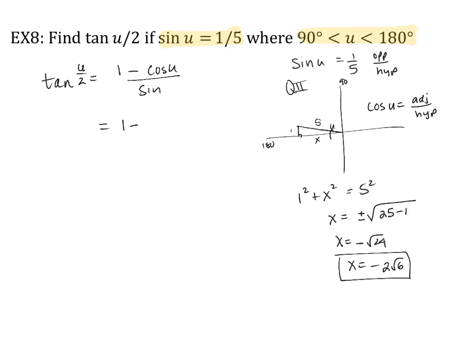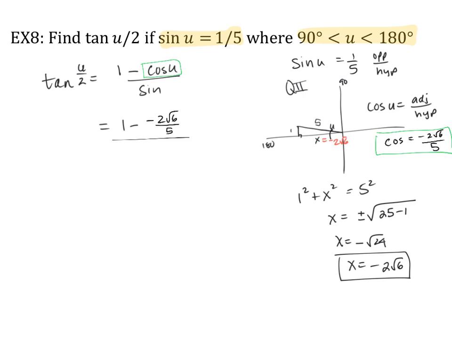And we just found out what the adjacent is. That is negative 2 root 6. So my cosine is the adjacent, negative 2 root 6, all over the hypotenuse, which is 5. So I'm going to replace cosine u with negative 2 root 6 all over 5.